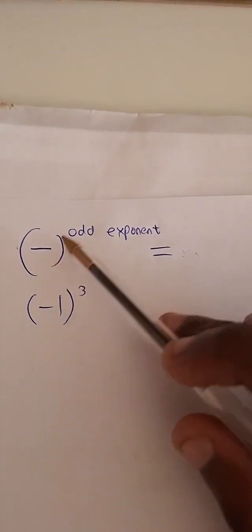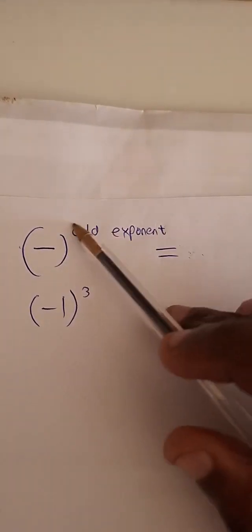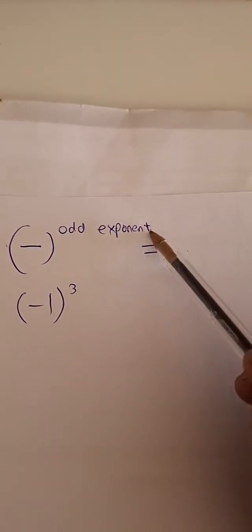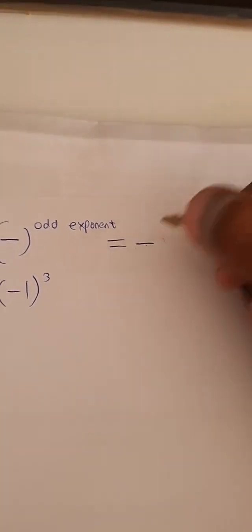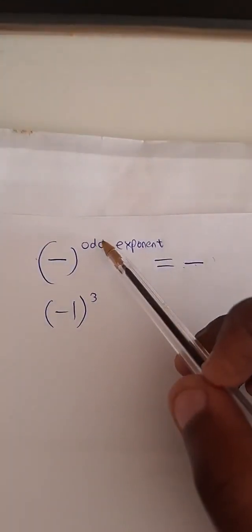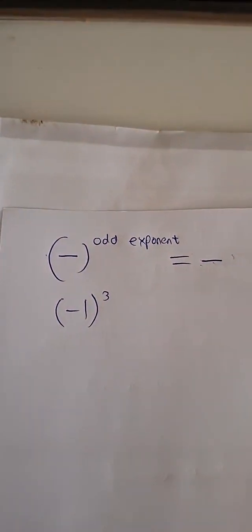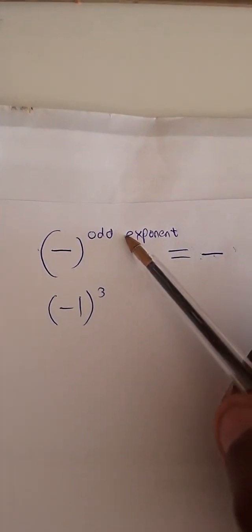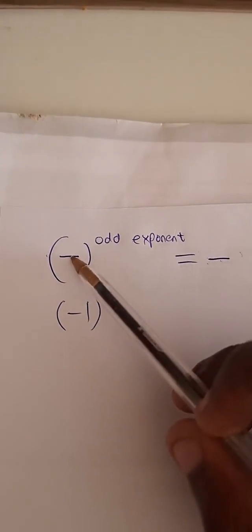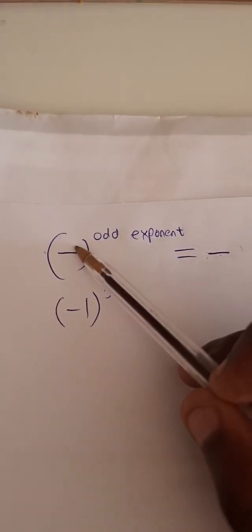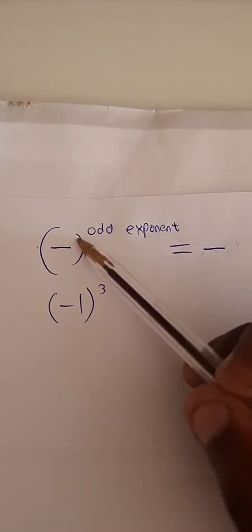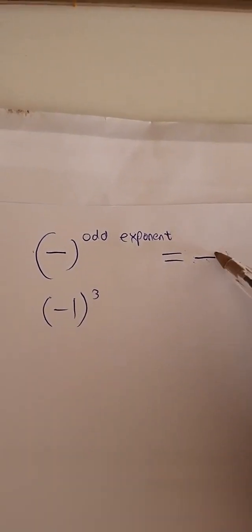What is the outcome? Like you said, it is negative. The outcome will always be negative if the exponent is odd for a negative sign. So applying an odd exponent to a negative sign leads to a negative result.